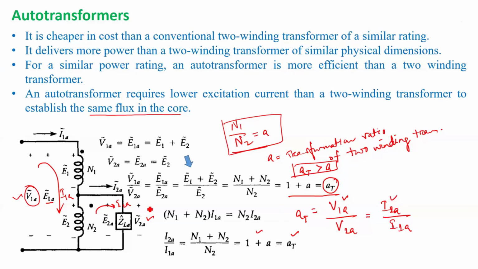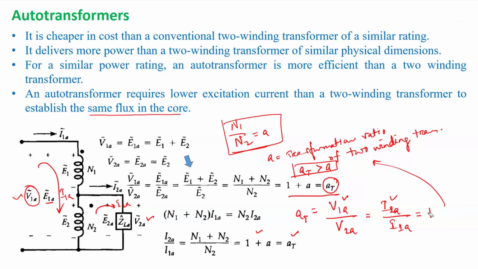That means the current at the secondary side divided by the current in the primary side I1A is equal to 1 plus A. Okay, so A is nothing but the transformation ratio of the two winding transformer, as you can see here, right?